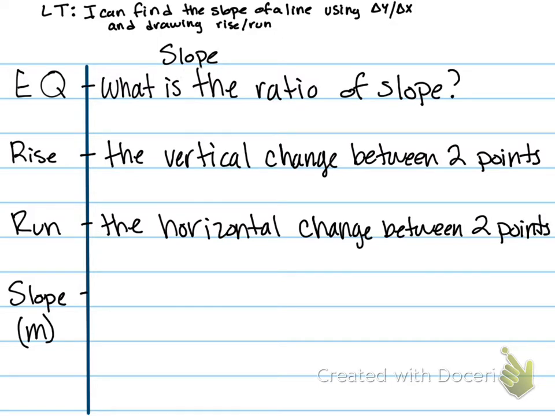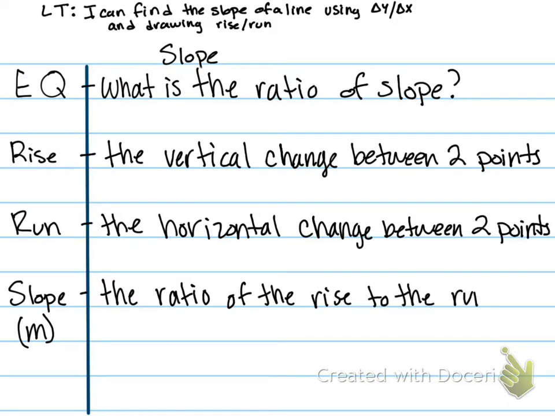Okay. And together they make slope. I have an M there because slope in math is represented with an M. Together the slope is going to be the rise and the run together as a ratio. So it's going to be the ratio of the rise to the run.